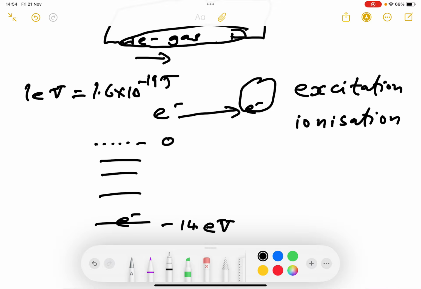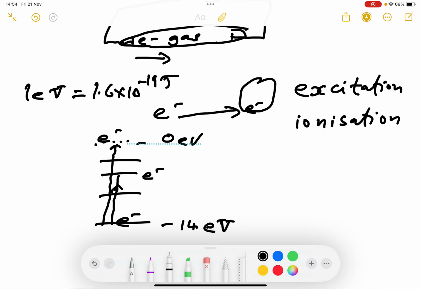So if an excitation occurs, the electron is moved to a higher energy level. If an ionization occurs, that means effectively the electron can get to far, far away. And in this case, the minimum energy for an ionization would be 14 electron volts to take it up to the zero level.